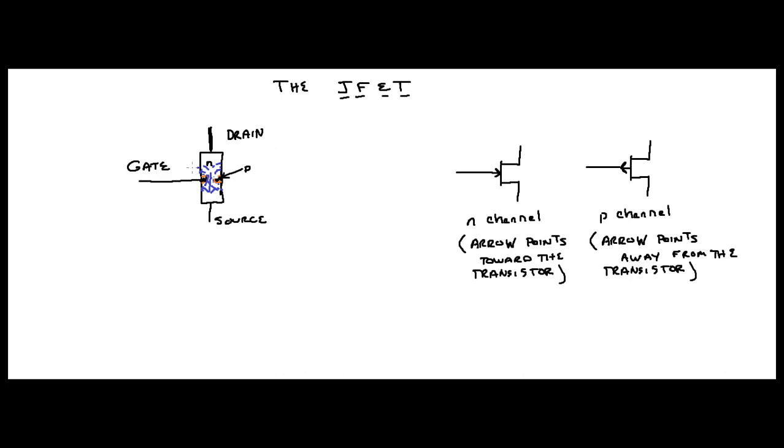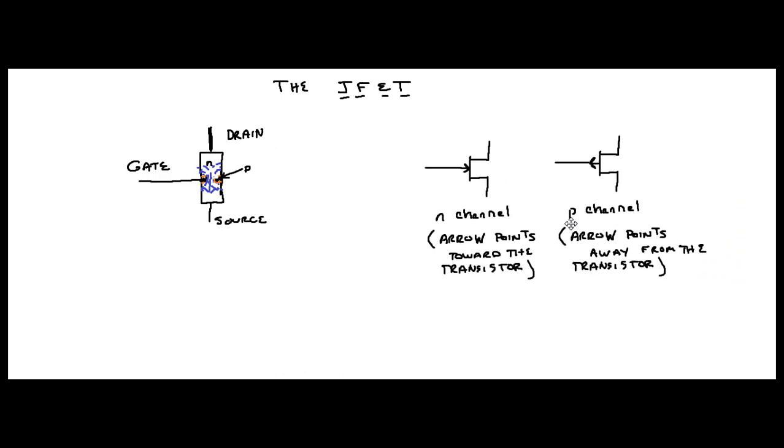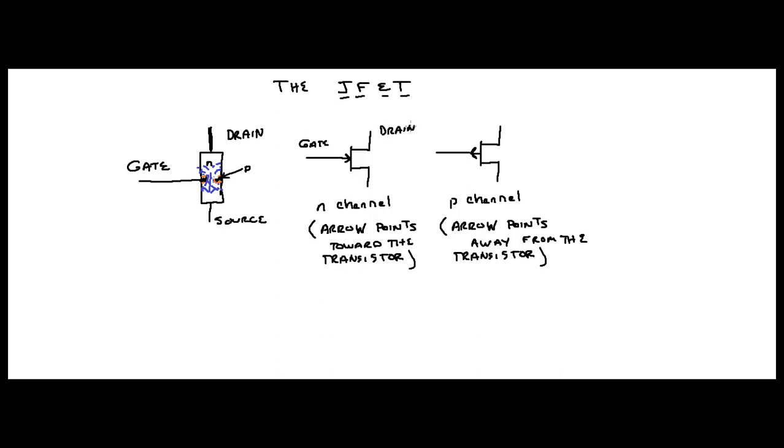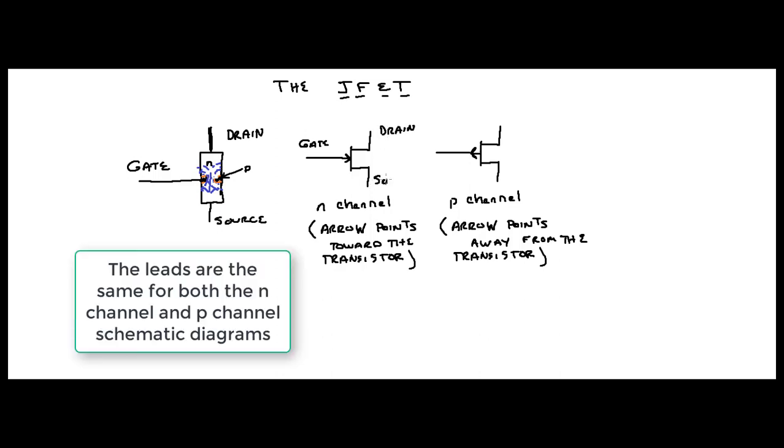So that's a visual, and the symbol is over here on the right. If we take this symbol and bring it up here, this is the gate, this is the drain, and this is the source.